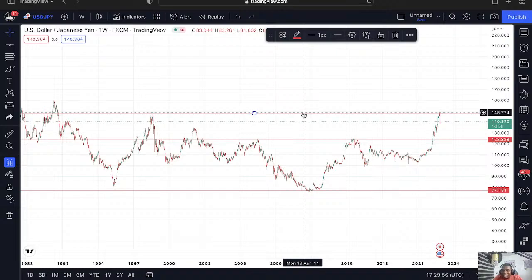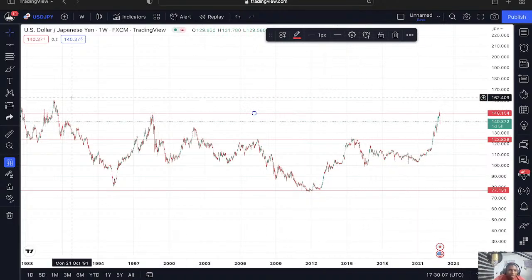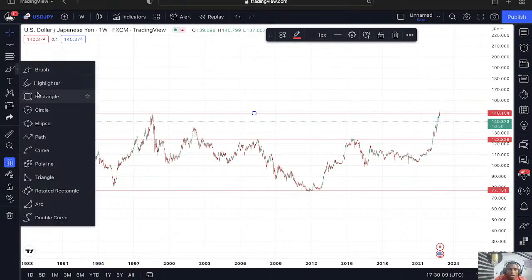This level is a very significant level to watch out for.